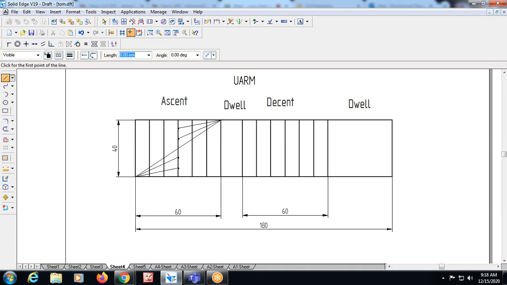If I number this from the starting as 0, 1, 2, 3, 4, 5, 6, then again continuing from 6, 7, 8, 9, 10, 11 and then 12.